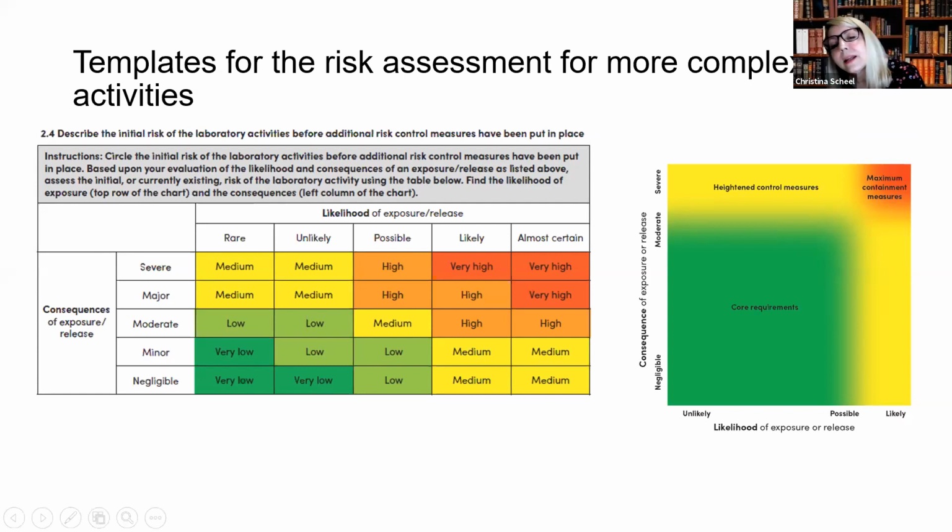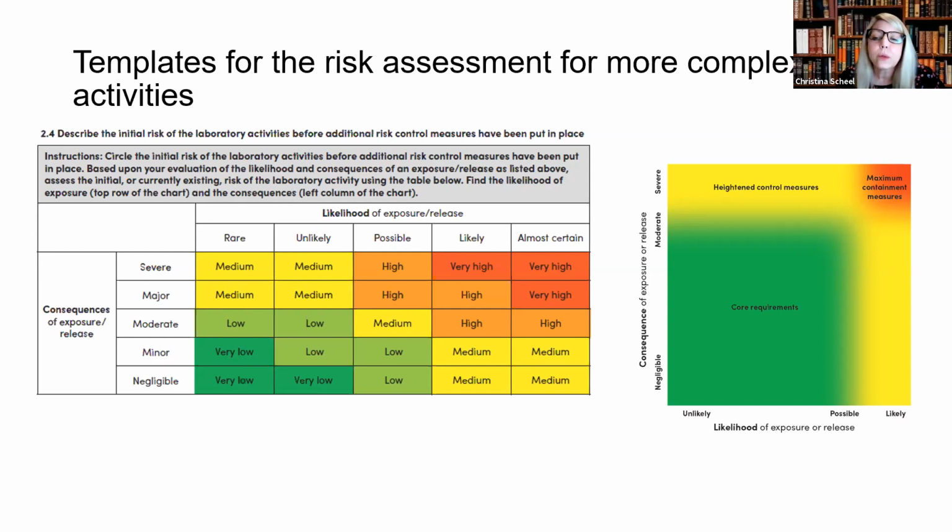As you can see, this even shows that if you're doing activities where the risk is low, which would be the left corner, the green area, that's most of the activities you would perform in a lab if you had adequate risk controls.